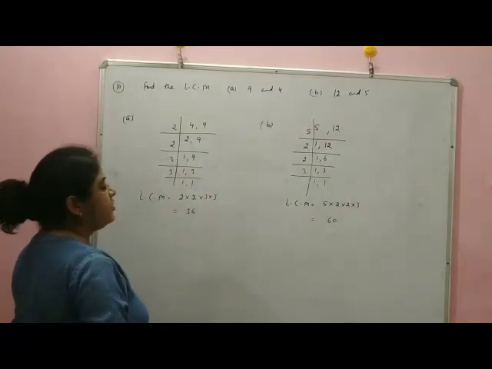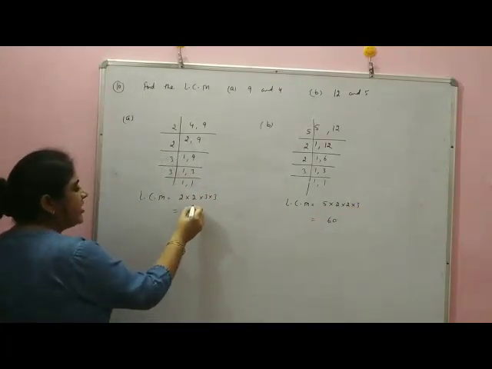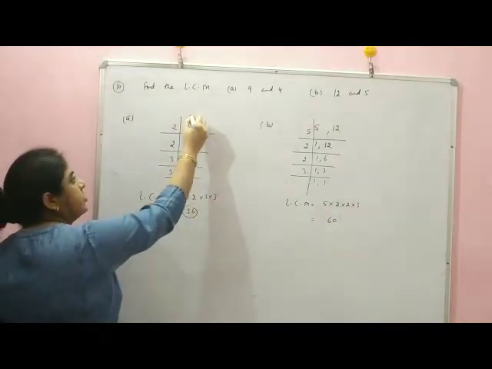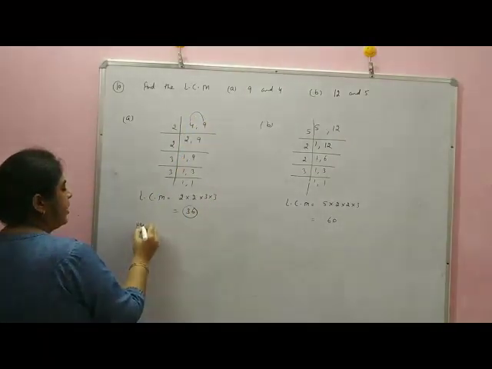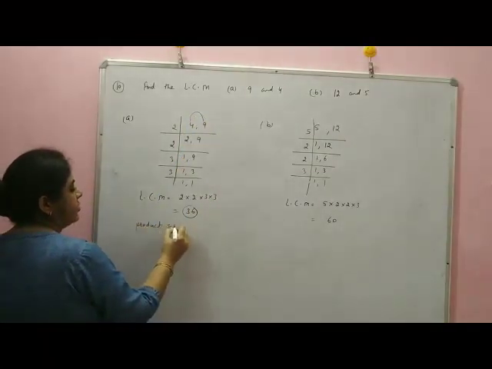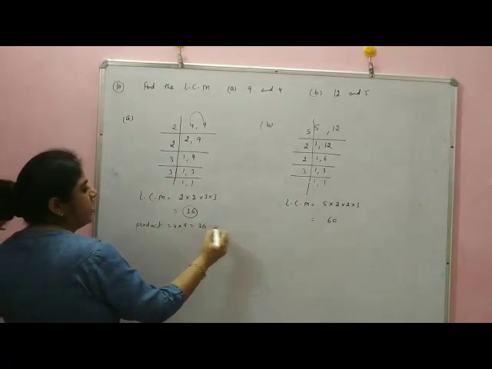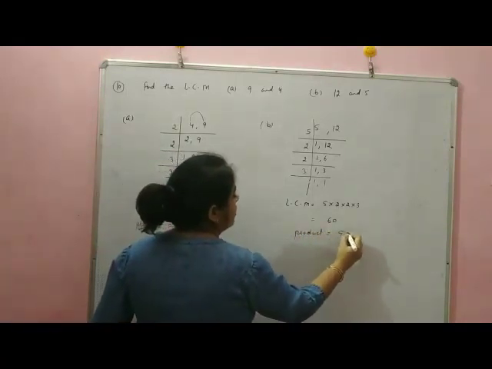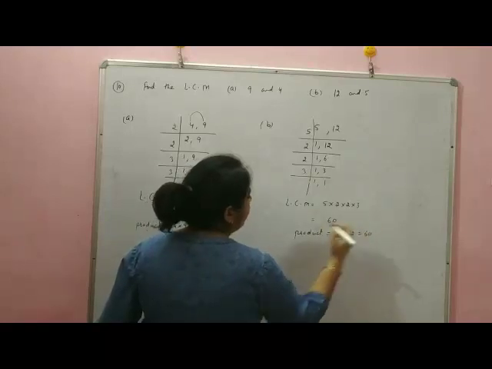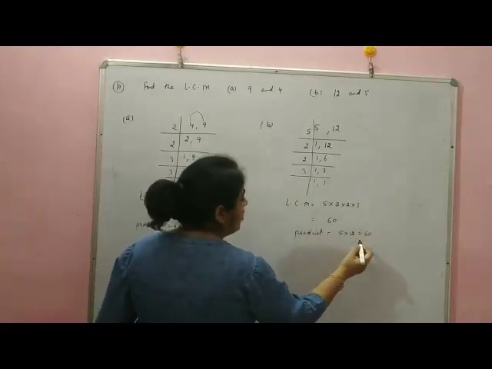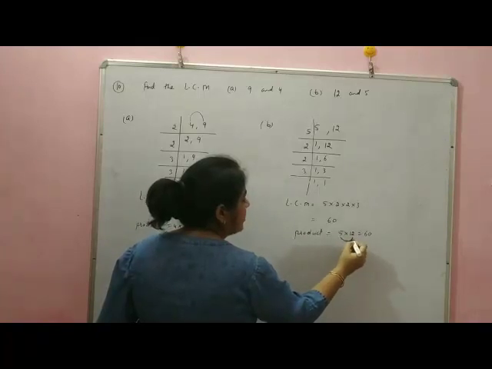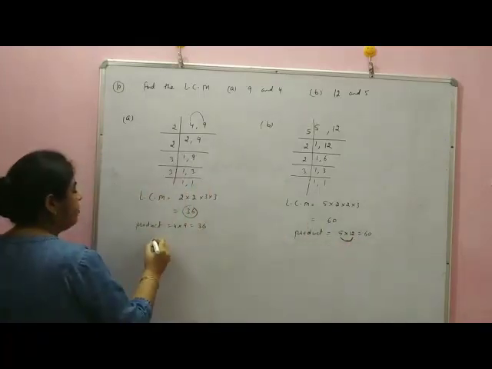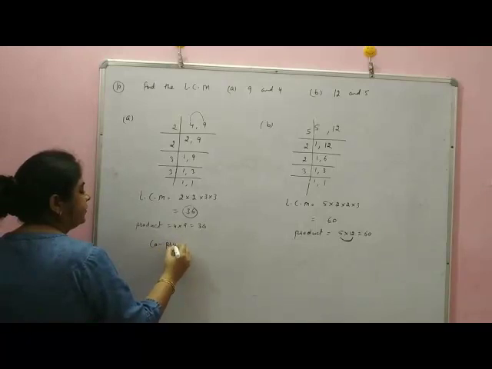Students, what we are observing here, what is the LCM? It is the product of these two numbers. What is the product of these two numbers? 36. And what is the product of the given two numbers here? 60. So what we are observing here is that if two numbers are not coming in the same table, what is that concept? Co-prime numbers.